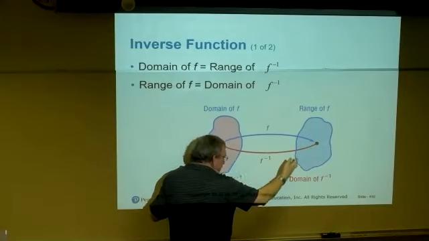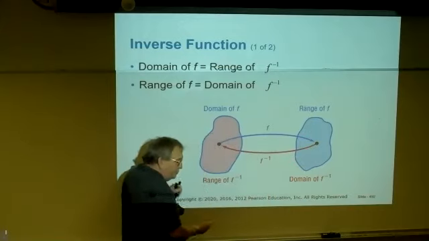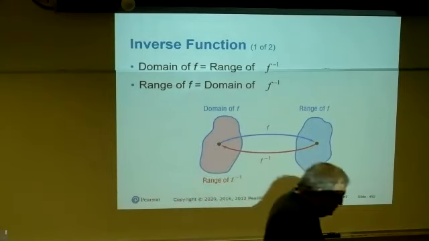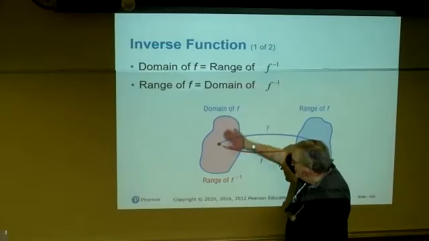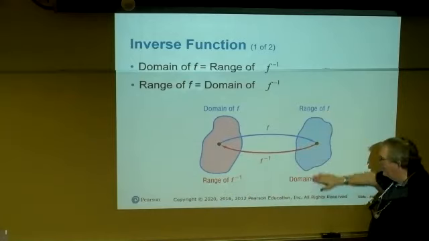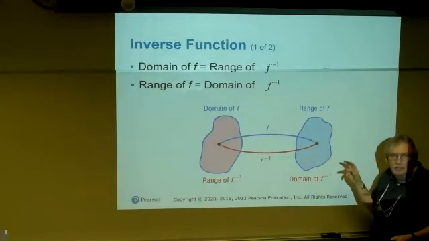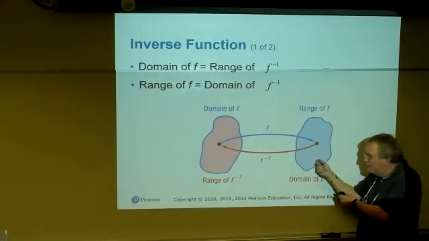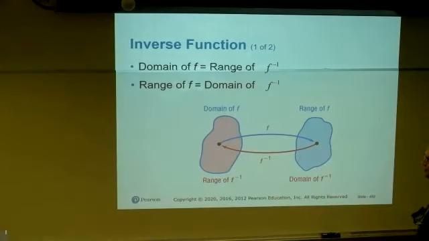Because we're going to end up going backwards, our domain and range are reversed. So the domain of f becomes the range of f inverse, and the range of f becomes the domain of f inverse because of the direction we're traveling. Where we're coming from is the domain, and where we end up is the range. And since these are one-to-one functions, that's how it happens.